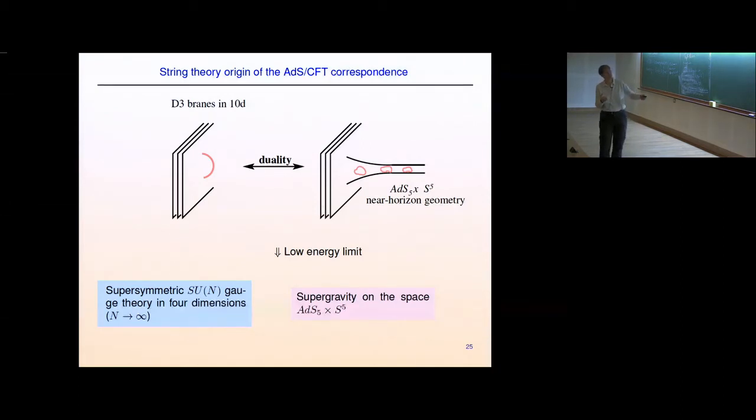If these two theories are dual to each other, then those two theories should also be dual to each other. That's the string theory motivation for the correspondence.